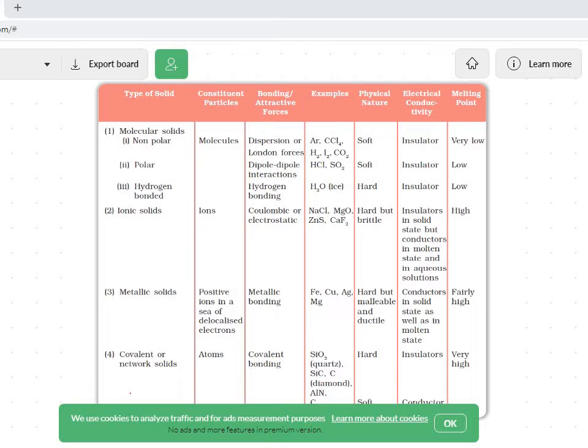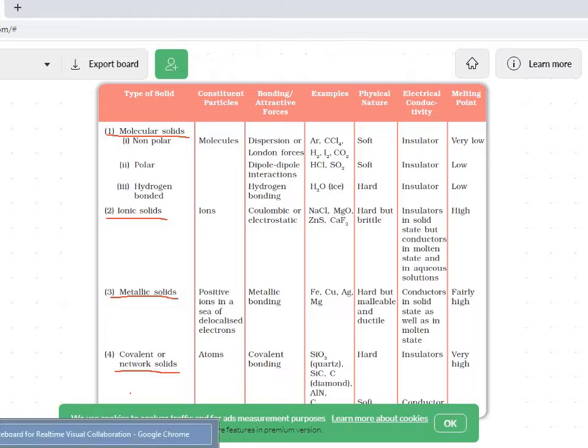How are you going to remember? First category is molecular solid. The second category is ionic solid. Third category is metallic solid. And fourth category is covalent solids or network solids.